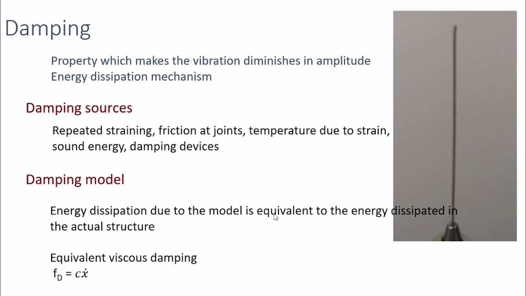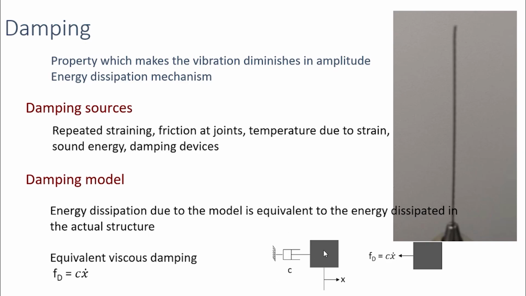So, in viscous damping, we assume that the damping force acting on a structure in one cycle is equal to a damping coefficient multiplied by the velocity in that cycle. So, we can represent this viscous damping system like this.